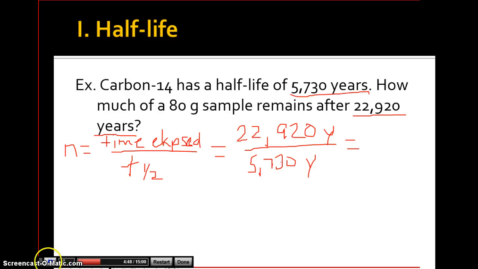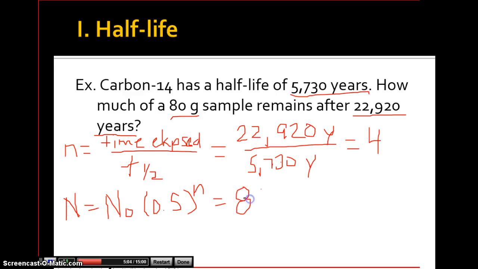That equals 4. Then you want to do the next equation, so N equals N naught times 0.5 to the little n. We had 80 grams to begin with, so we have 80 grams times 0.5 to the fourth. Remember, you're doing the 0.5 to the fourth first. If you take 0.5 to the fourth, you get 0.0625, and then you multiply that by 80. And that will give you 5 grams.